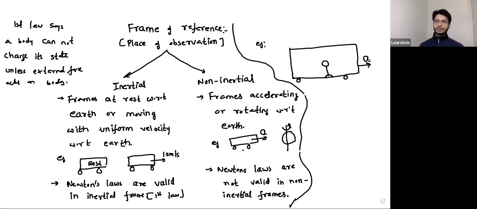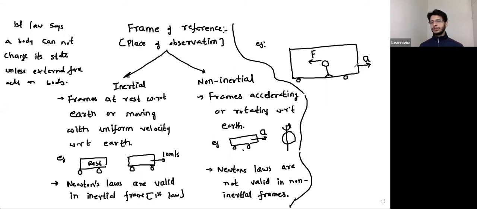The passenger standing in the bus will experience a backward force. But if you examine carefully, you will not find any agency which is applying this force. Let's check what different agencies we have.